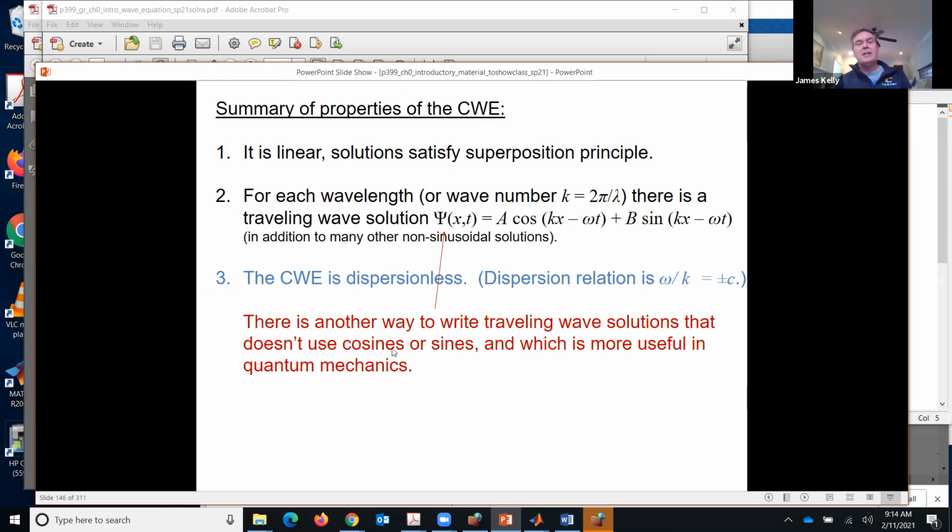So I'm going to summarize in just a second, but the next thing we're going to head to is that, especially in quantum mechanics, there's a more convenient way to write these traveling waves in terms of complex exponential functions that you may or may not have seen before. Probably Dr. Neiser talks about complex traveling waves in physics 240.